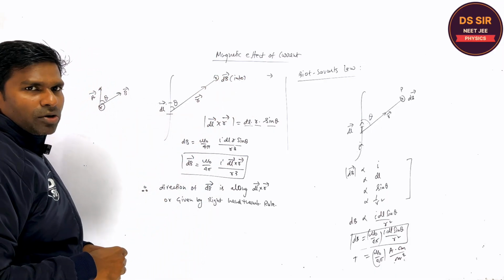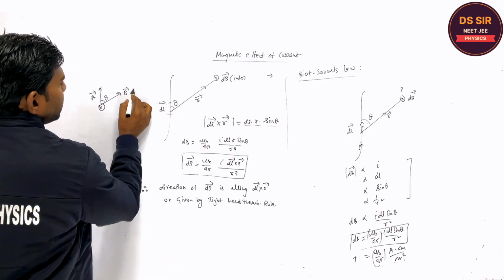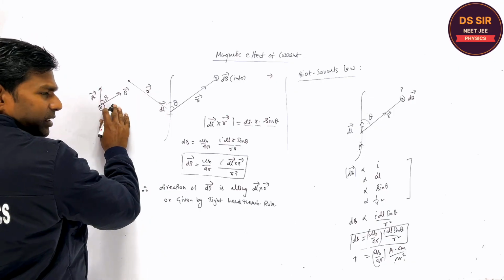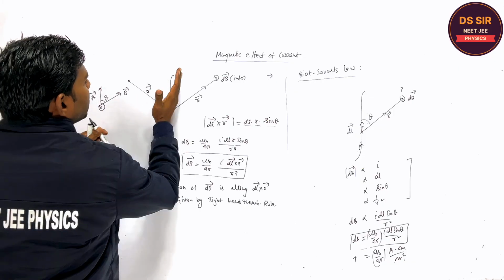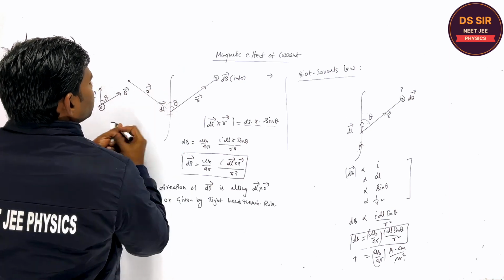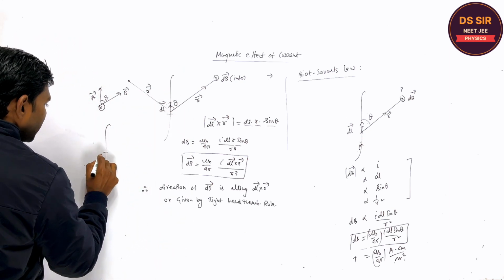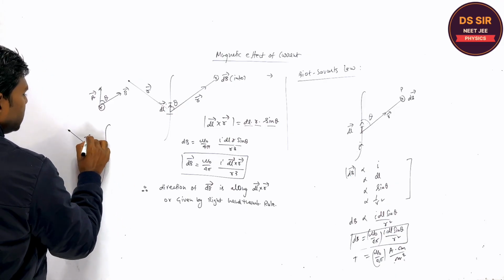Is it clear or not? Yes. Right, like this. If you take the position at this point, suppose on the left side, this is the dl, dl cross r. This is the dl vector, and the point is in this direction, this is the r.